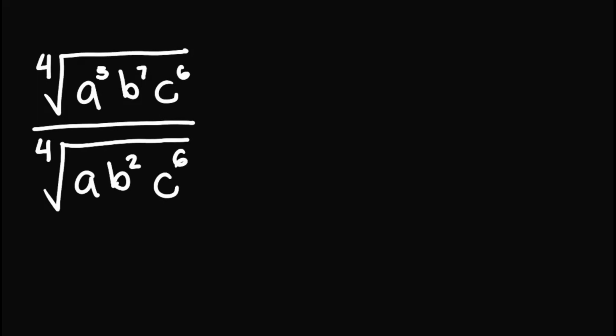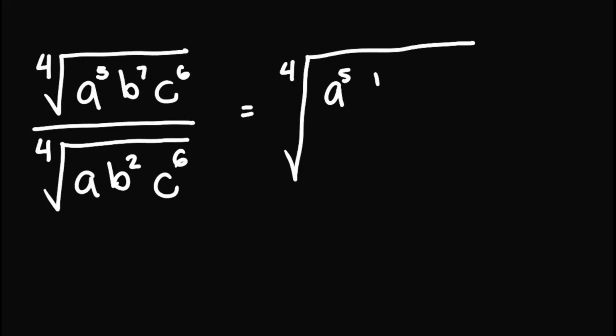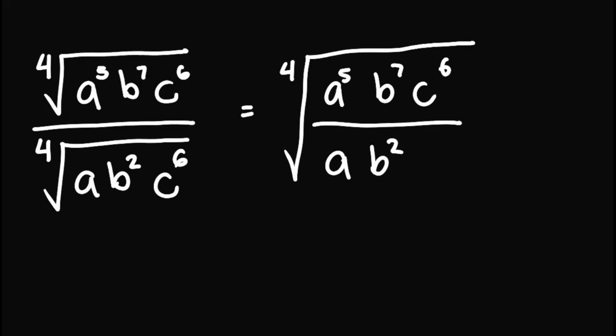So this time, let's try to deal with dividing radicals wherein the radicands are variables. So again, we'll write this one as the fourth root of a raised to 5, b raised to 7, c raised to 6 over a b squared c raised to 6.